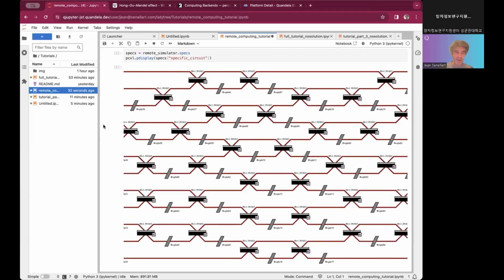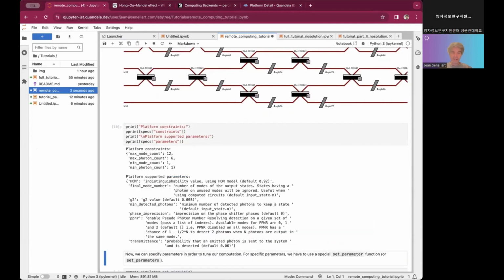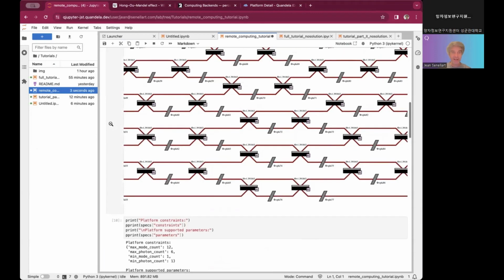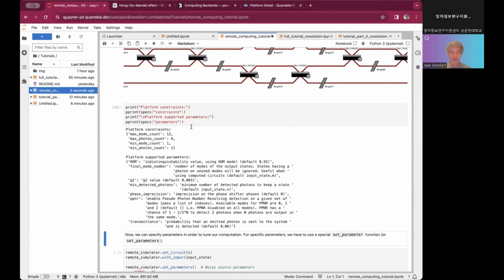So this is the circuit. I can display it here too. On the simulator scalar that I'm connecting to my remote processor, I see basically exactly the same. The constraints are 12 modes, 6 photons.